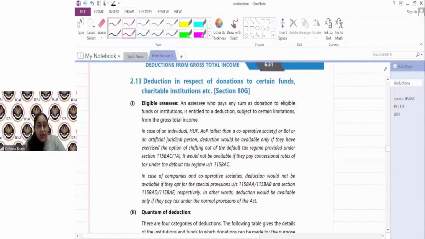Then we did 80E, education loan. The interest is allowed for a maximum of 8 assessment years. The loan can be taken for self, spouse, or children, or for any person for whom the assessee is the legal guardian.